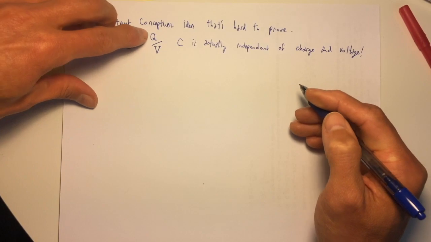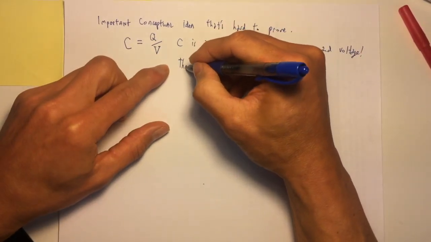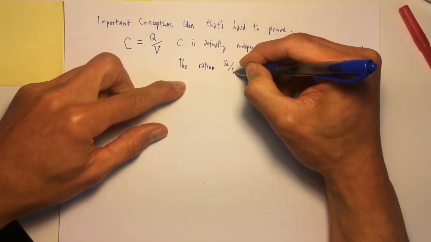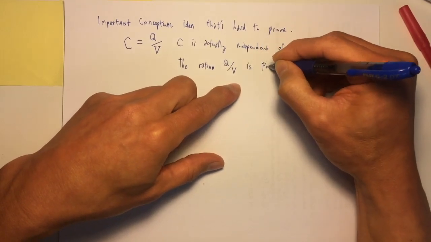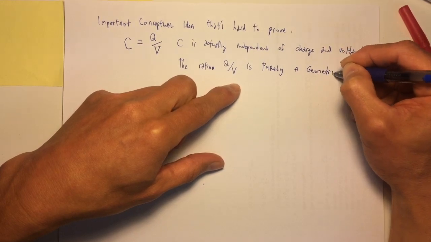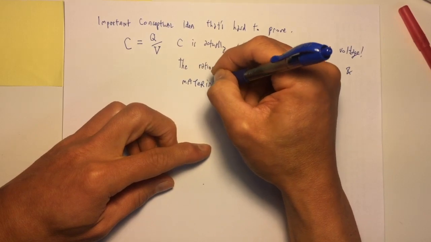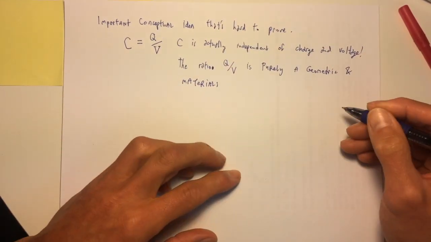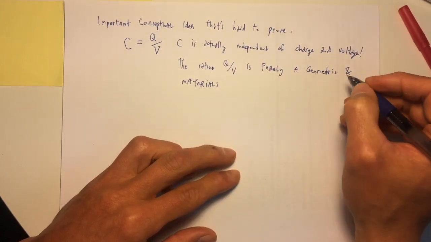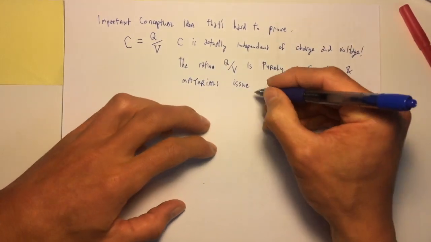What happens is that this ratio, Q per V, is purely a geometry and materials issue.